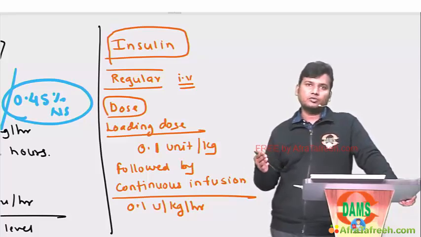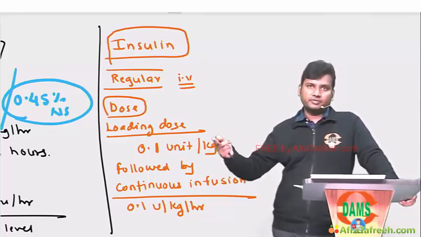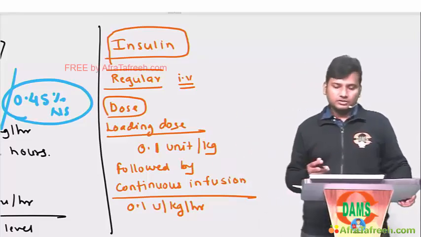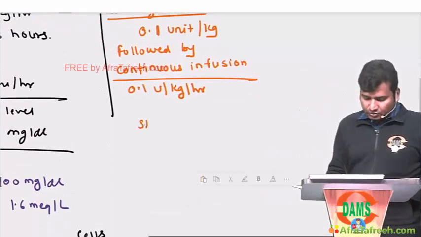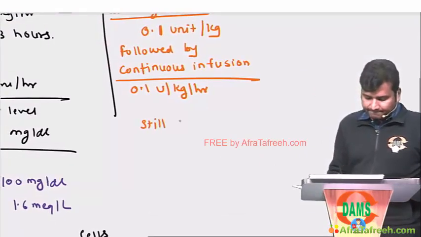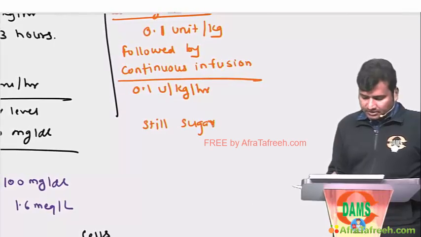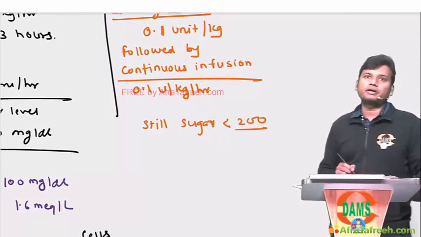Okay, it is a loading dose, followed by 5 units per hour infusion. And we will continuously give this infusion till sugar level becomes less than 200 milligram per dl.